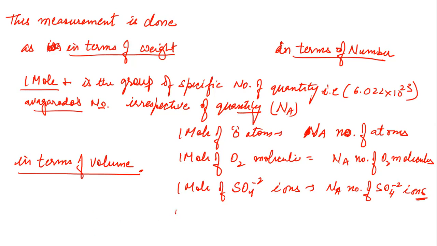If I say 1 mole of electrons, it means Na number, that is 6.022 into 10 power 23, number of electrons. So 1 mole is defined as a collection of Avogadro's number of entities, and this entity can be an atom, molecule, ion, anything.